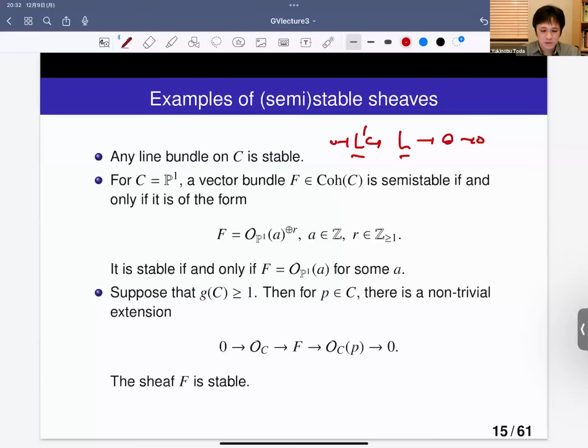And in the case that the curve is P1, as I said, a vector bundle is semistable if and only if it is a direct sum of line bundles of the same degree. Because otherwise it decomposes into, for example, O_P1(a1)^r1 plus O_P1(a2)^r2. If a1 is bigger than a2, then this part destabilizes such sheaves.